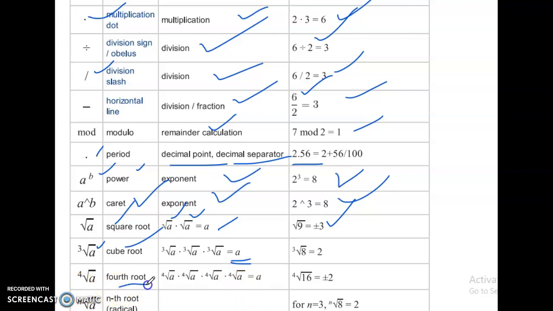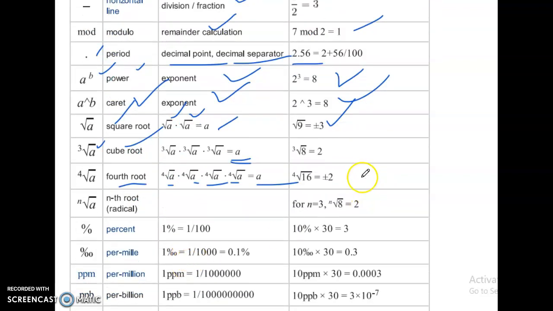Fourth root a: fourth root a dot fourth root a equal to a, four times. Here, 3 times cube root a, cube root a, cube root a. So fourth root of 16 equal to plus or minus 2.